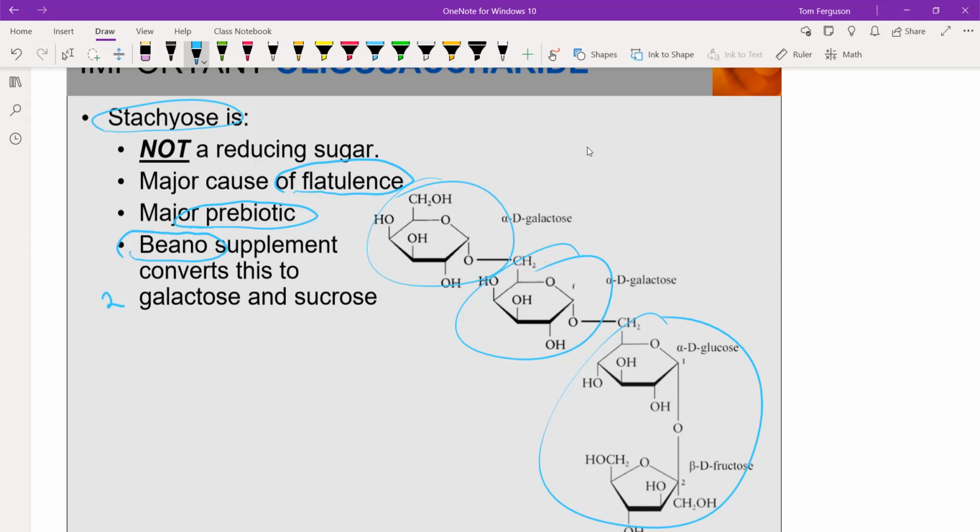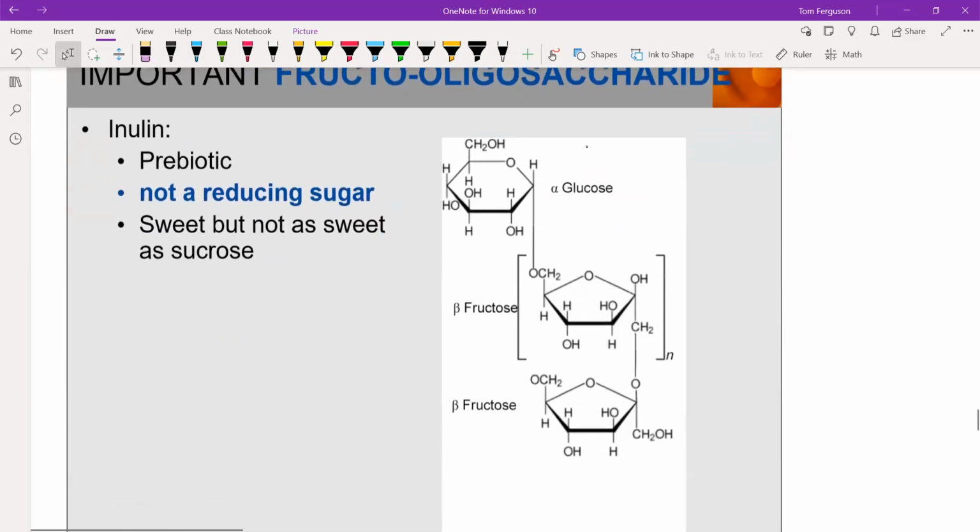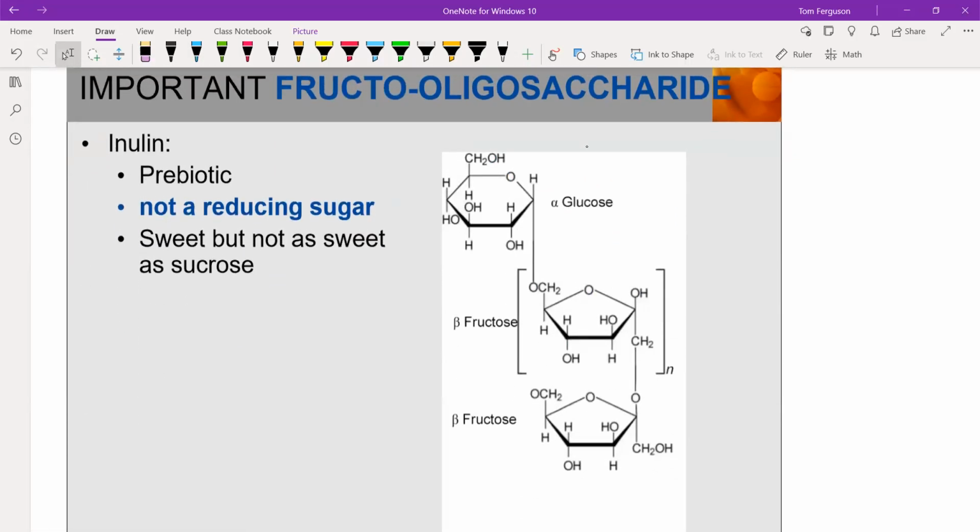Okay, so that is one class of oligosaccharides. We have this string of 6-membered monosaccharides with sucrose. The other ones is we're stacking fructoses with glucose. Frequently, you'll see inulin, and inulin is used frequently for padding on capsules.